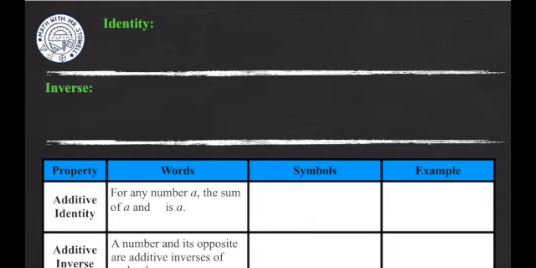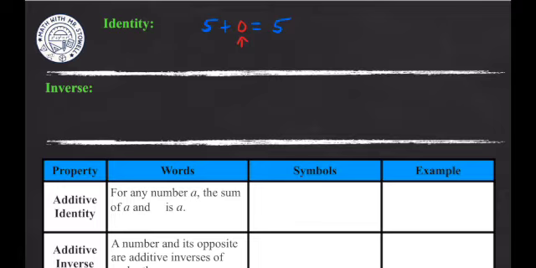For example, let's say we have 5 plus some number. The identity says whatever that number is, it's going to have it equal to whatever that first number was. Well, 5 plus nothing is 5. So with addition, the identity is 0.